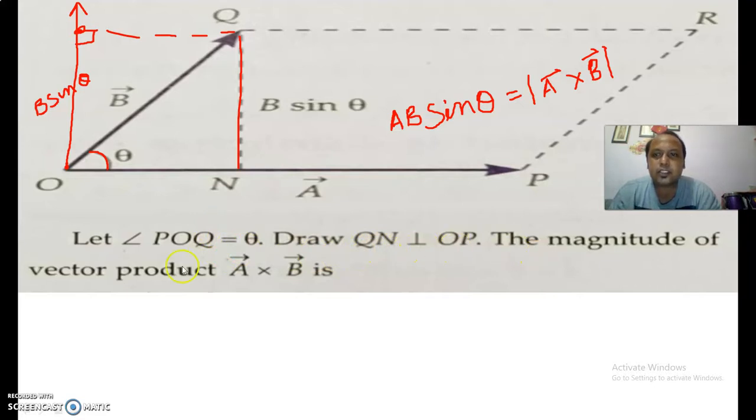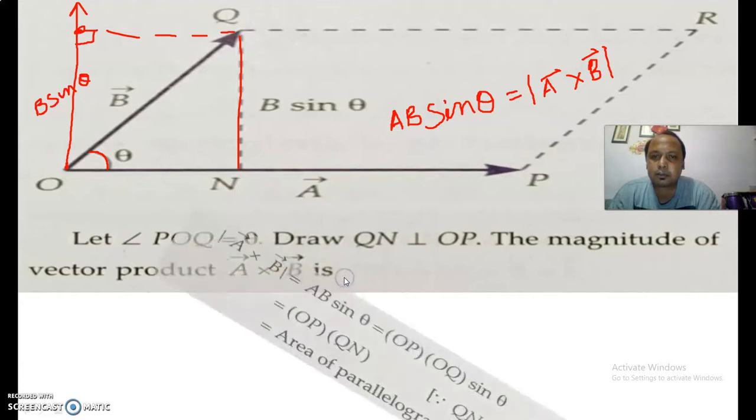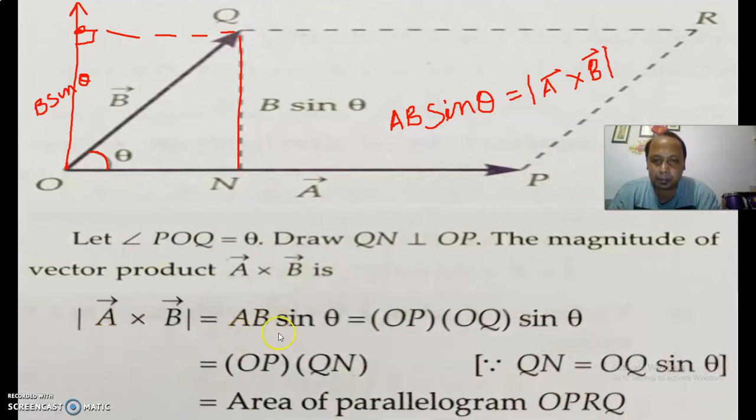The magnitude of the vector product, which is vector A cross vector B, is given by AB sine theta, where A is OP and B sine theta is QN, which gives you the area of the parallelogram. So you can see here the area of the parallelogram is actually the magnitude of vector A cross vector B. I hope this is very clear to you.